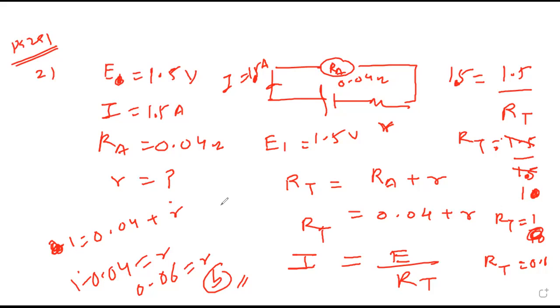Yes, completed. Okay. Sum number third. A current of 2 ampere passes through a cell of 1.50 volt, internal resistance small r 0.15 ohm, from negative to positive.